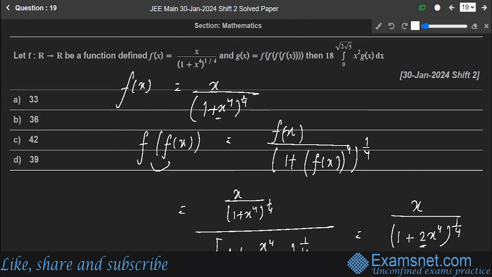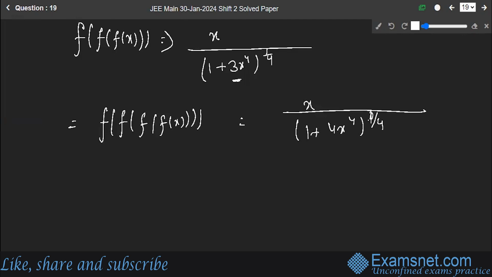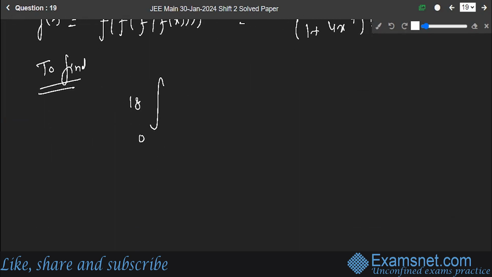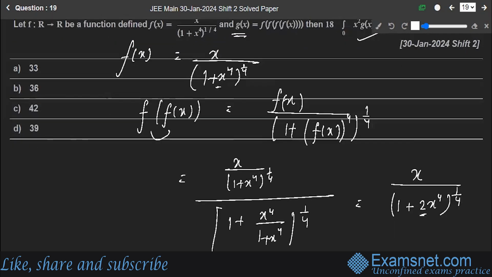Okay, now let's get to what we had to find out. This was equal to your g of x. So now to find the integral from 0 to 2 root 5 of x cube, this will be x square into this.